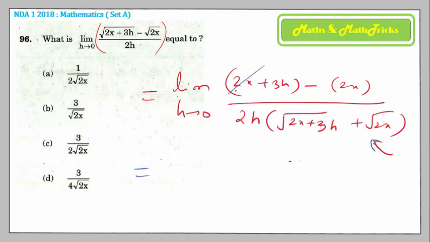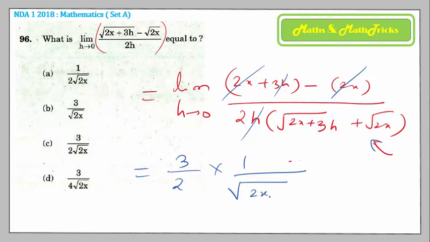When you simplify this, 2x will cancel, 3h by h will cancel. So what you have is, get it by substituting the limit. Now it's a definite value of the limit. So you can see that we are left with 3 by 2 into 1 upon under the root 2x plus 0, which is 2x plus 2x again under the roots, both of them.